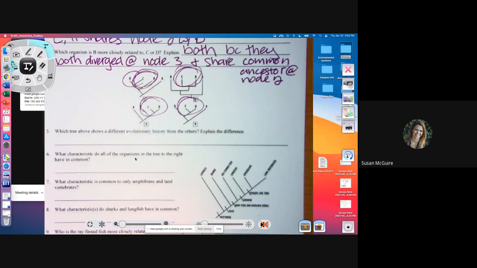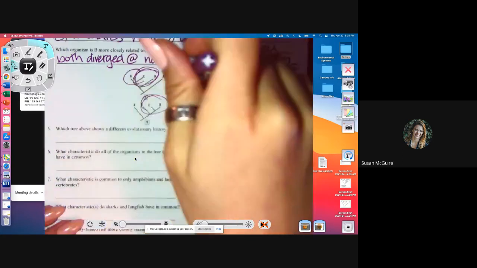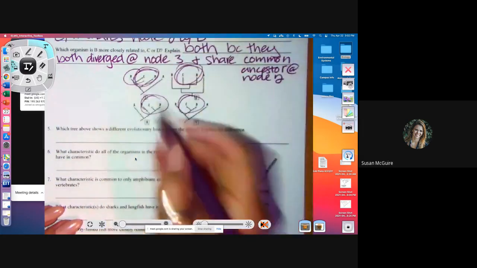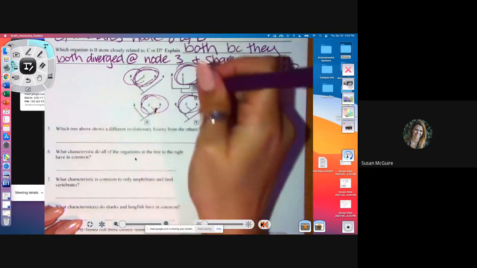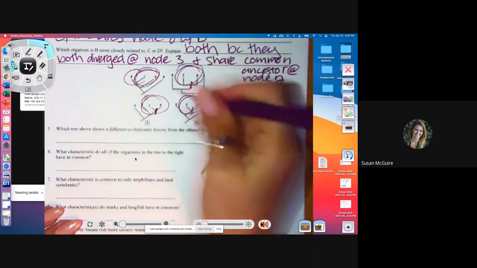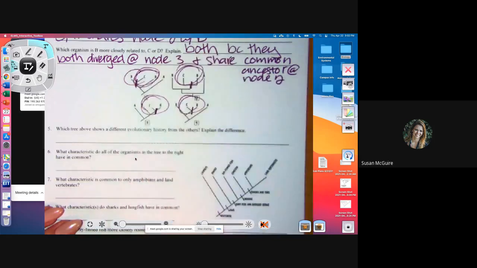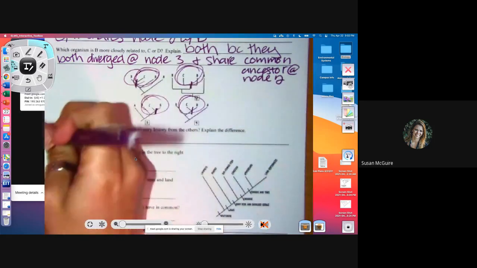Number 1. On 2, 3, 4, and 5, C and D diverged from the same common ancestor, but on 1 it has C and B diverging.